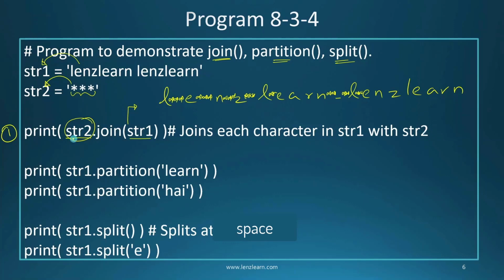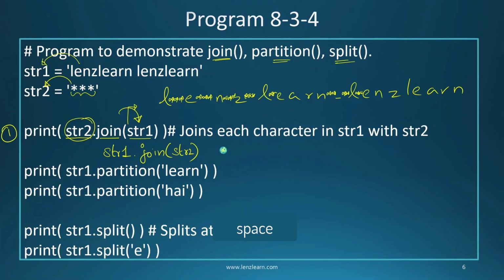You should clearly understand using which string you have to access the built-in function and which string should be provided as the parameter, right? If I invert it, like str1.join, and in brackets I write str2, then the output will be different. In this case, str2 will be written with spaces.